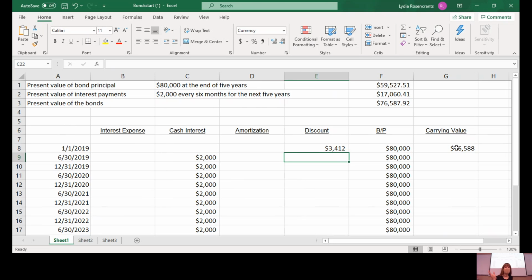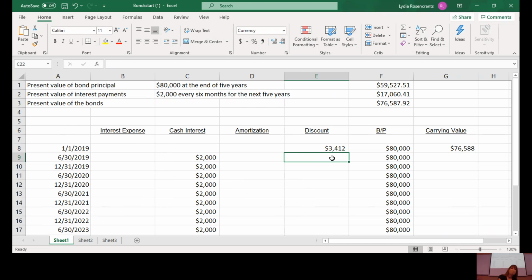So just to reiterate what that discount tells us, it's the extra 1% interest that they were demanding, that $3,412. That's how we're giving them that extra interest percent.